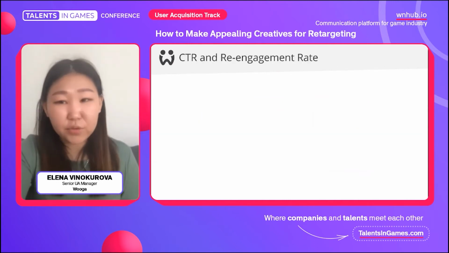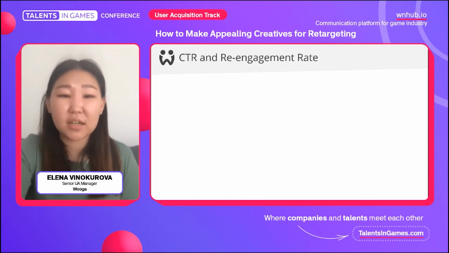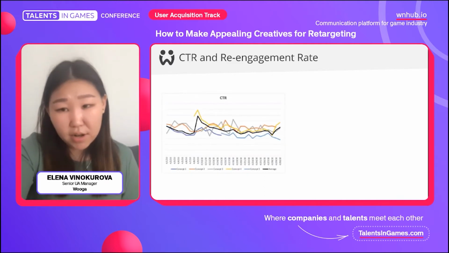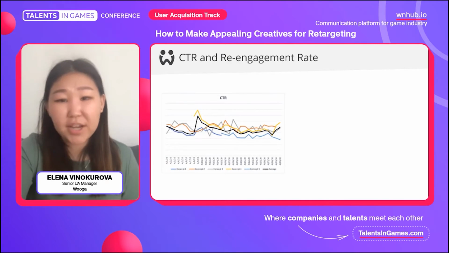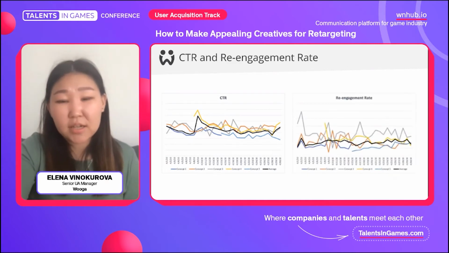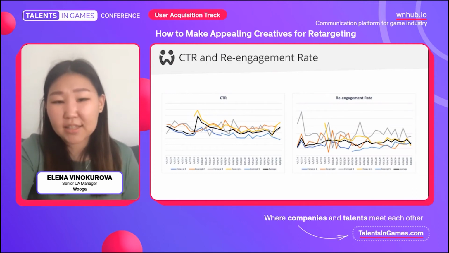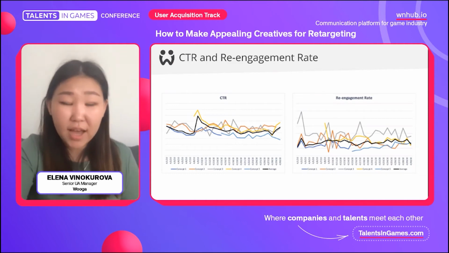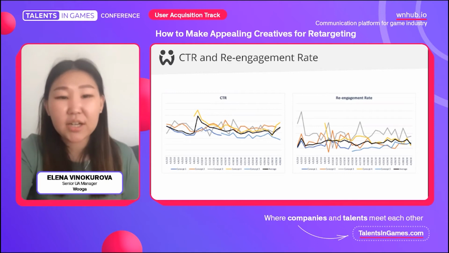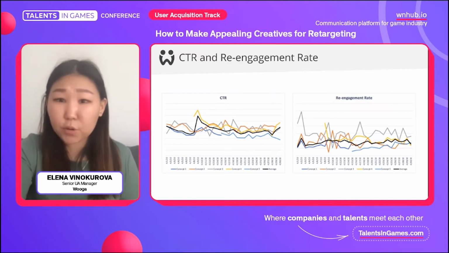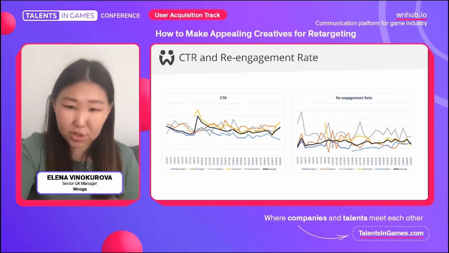For the click-through rate and re-engagement rate, we built similar graphs. In addition to the previous graphs, we add an average trend line, which is in black here. This way we know which concept or type has CTR below our average.